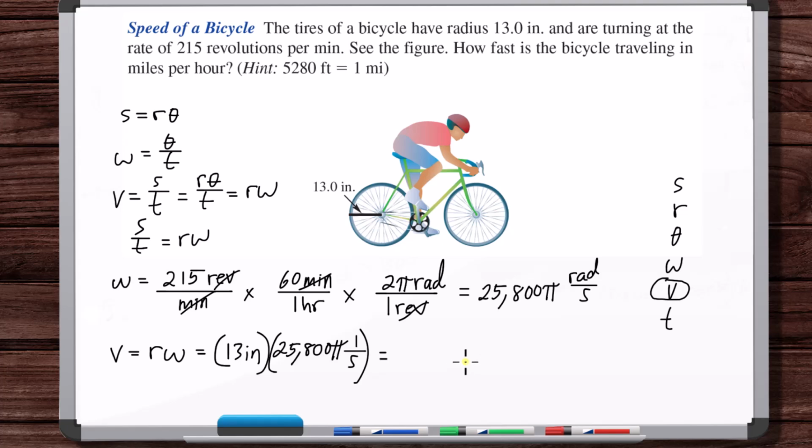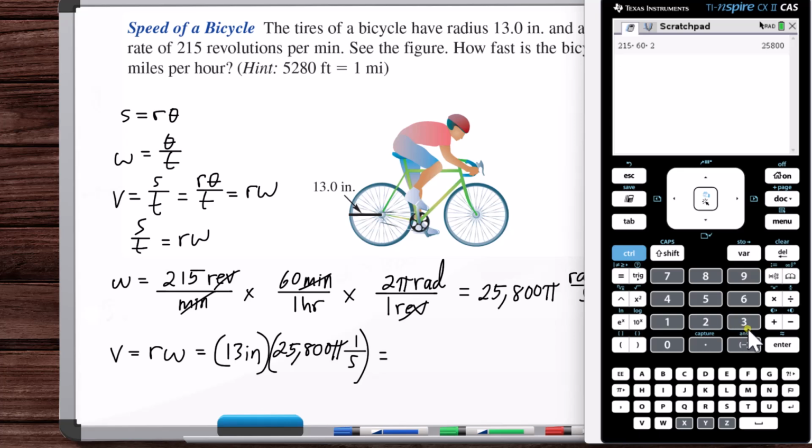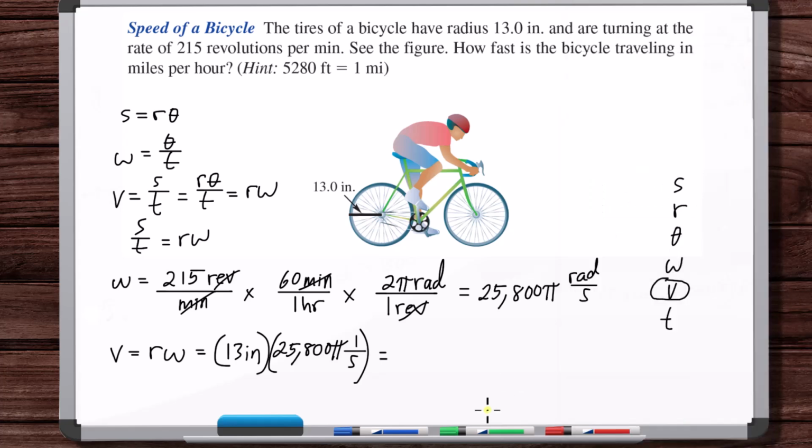So this is, let's see, 13 times 25,800, which is 335,400 pi, and this is inches per second. So that's how fast the bicycle is traveling: 335,400 times pi inches per second.